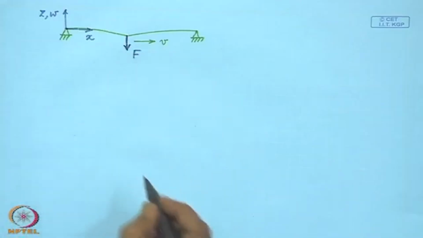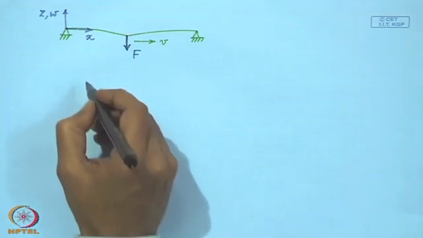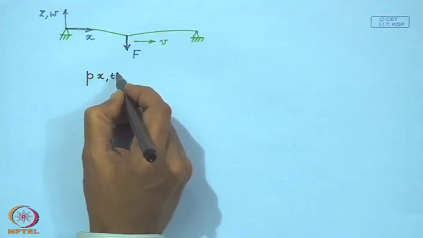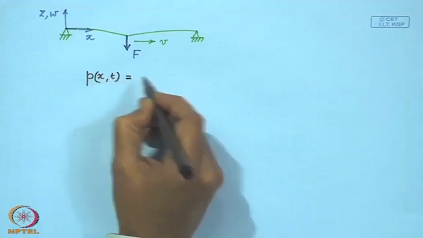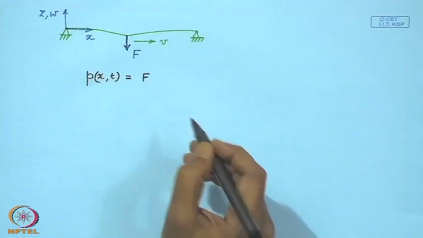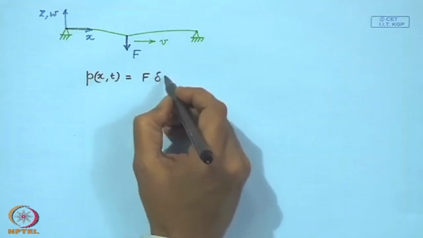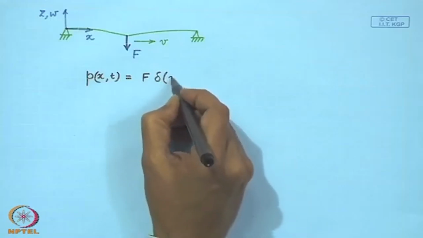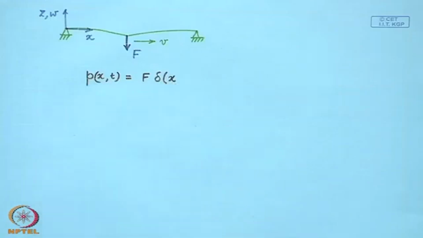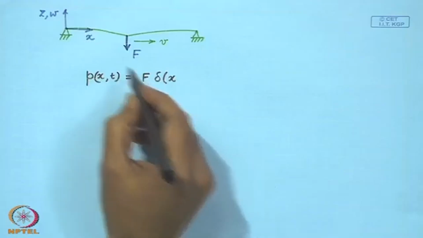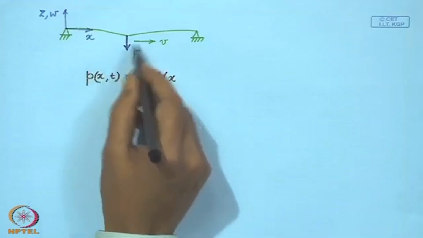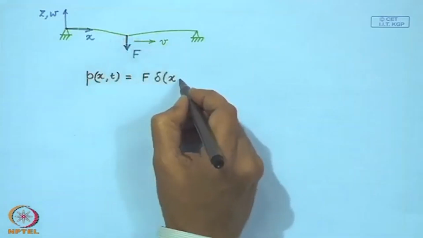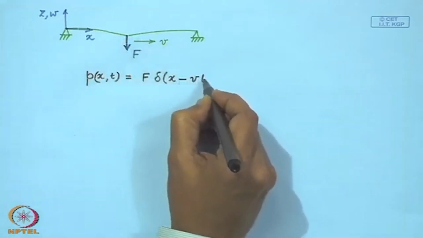So, this force again has to be represented as a distribution. A force distribution, which now using the Dirac delta function or distribution, you can very easily write. This force distribution now on the string is F, which is the magnitude of the force, times the distribution, but this distribution is shifting.